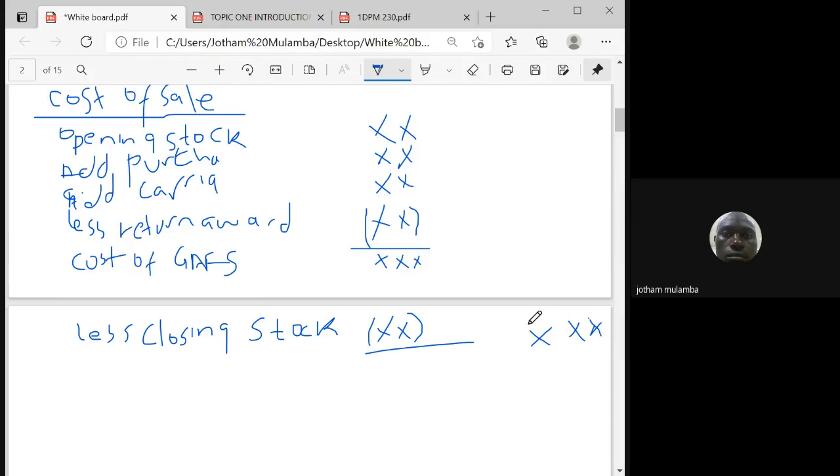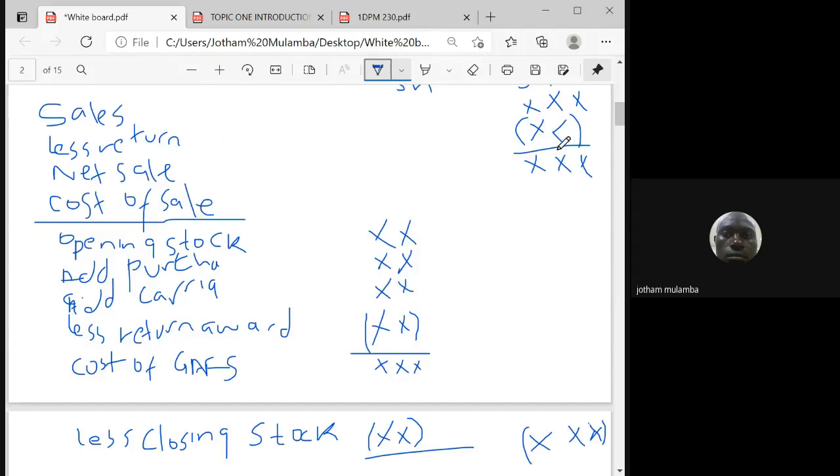Now, we'll subtract cost of sales from net sales. So we'll subtract this value from it.